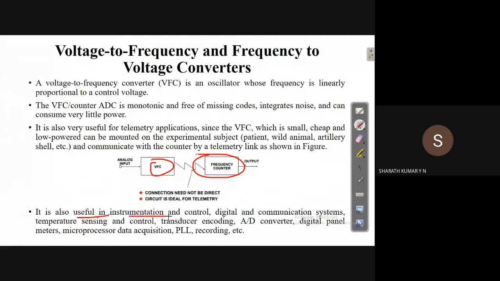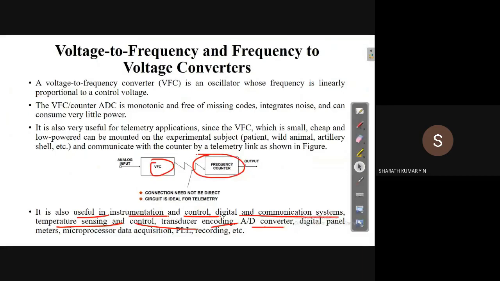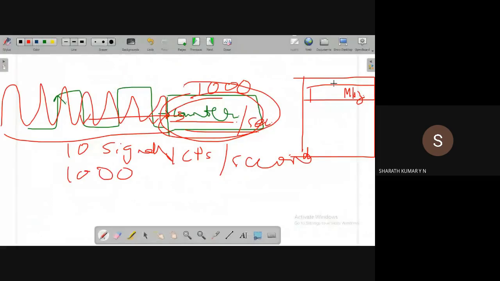It is also helpful in instrumentation control, digital and communication systems, temperature sensing and control, transducer encoding, and A to D converters. This is a simple example of an A to D converter. Let's say digital panel meters. This is an example, guys. This is a digital panel meter.